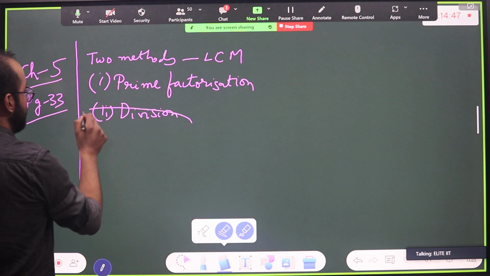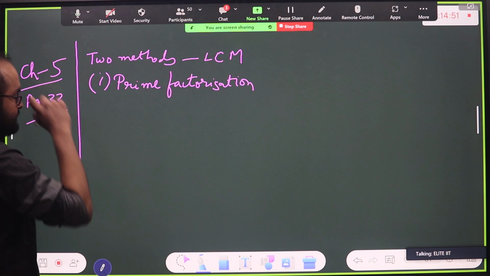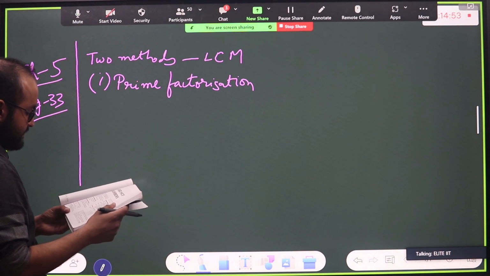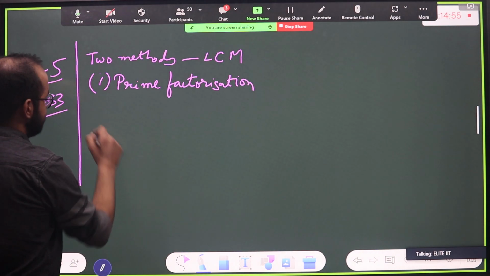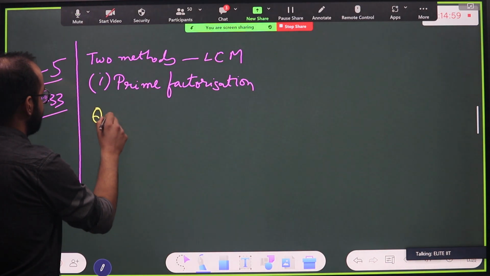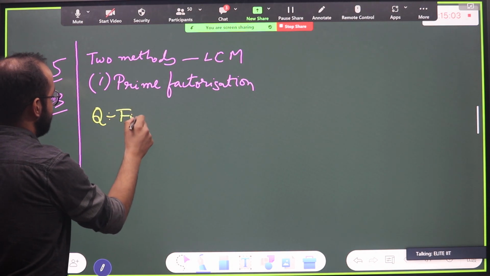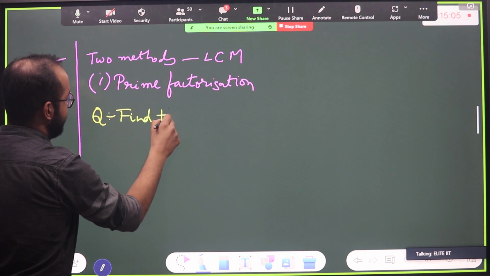Prime factorization method. Okay? So now, let us take an example. Find the LCM of 54 and 21. In your book it is given. Let us take that example only.